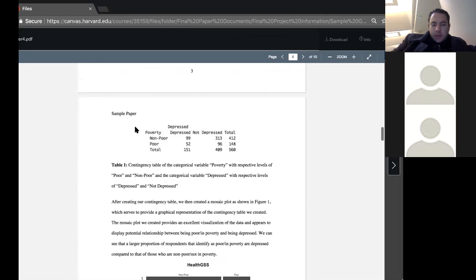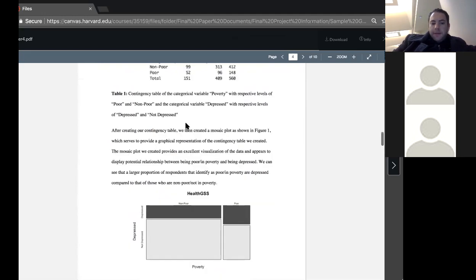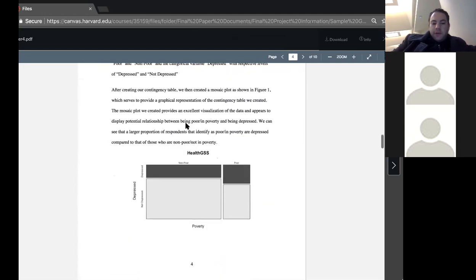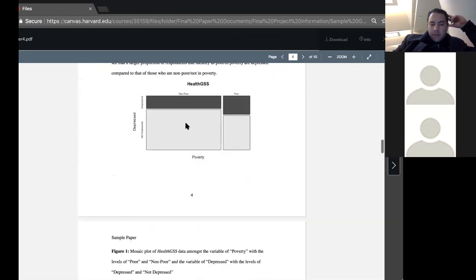We actually used this data set in one of the problem sets. If you remember one of the missions, we looked at poverty status and whether someone was considered to be depressed or not, and looked at the different probabilities of exposure to poverty and being depressed. This is the example we used when we were teaching the relative risk concept and the formula for that.